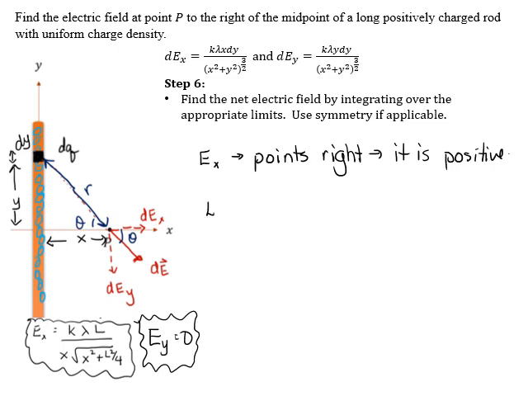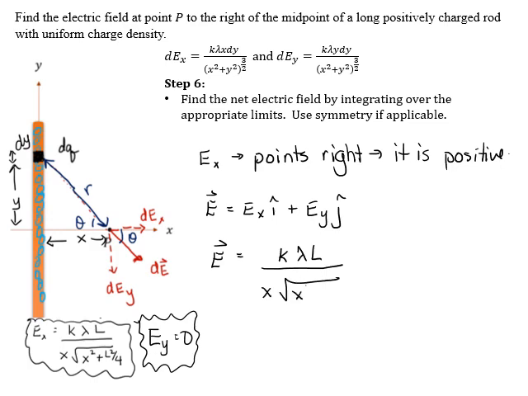So now we'll finish off by writing our electric field vector. E is the x component in the x direction plus the y component in the y direction. So E is equal to k times lambda times L divided by x times the square root of x squared plus L squared over 4 in the x direction.